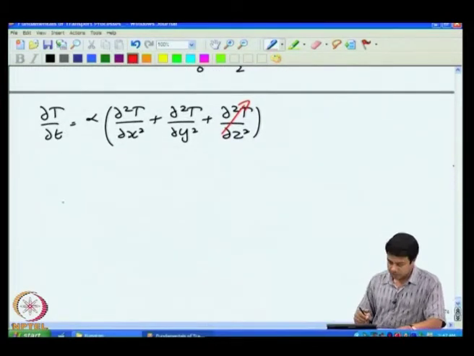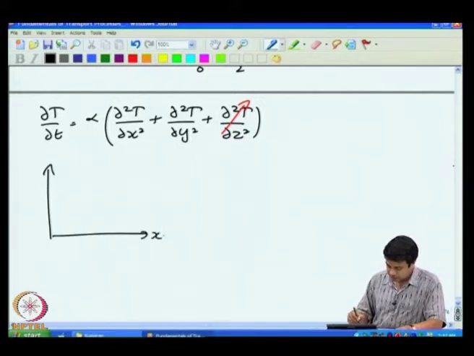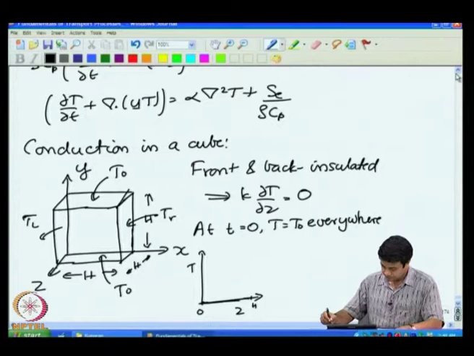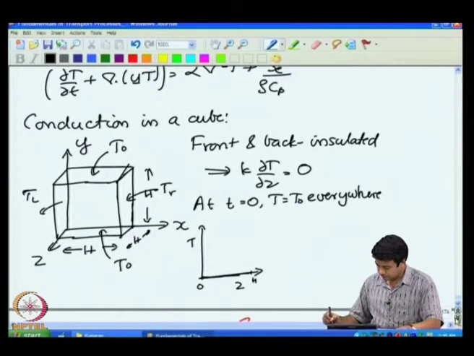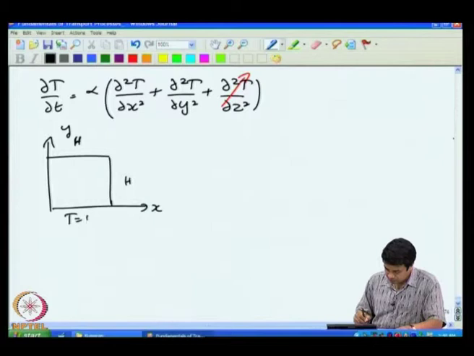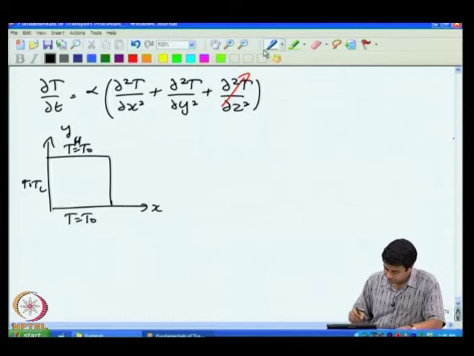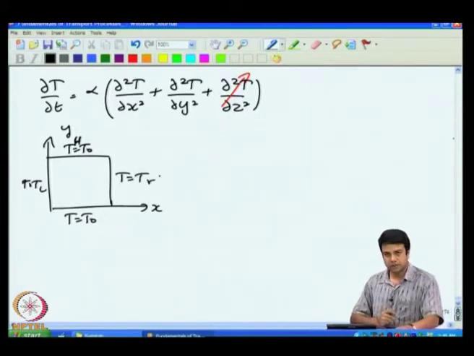So, in that case it becomes a two-dimensional problem, x y on a square of side h, where on the top and bottom faces I have T is equal to T naught, T is equal to T L on the left face, and on the right face T is equal to T R, the temperature on the right face.